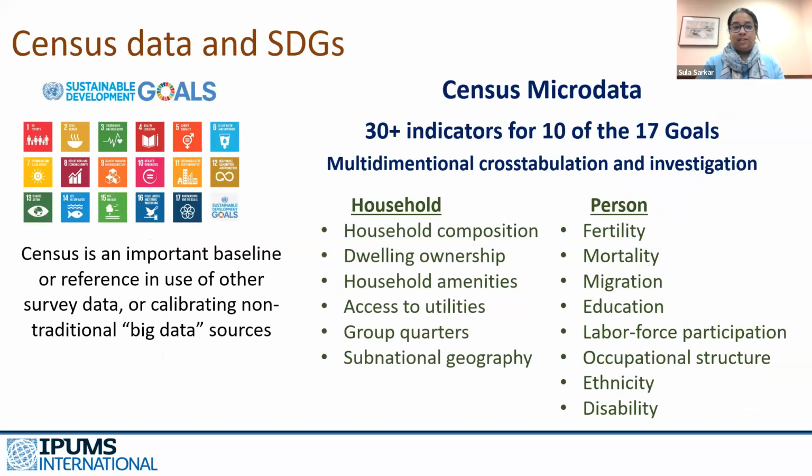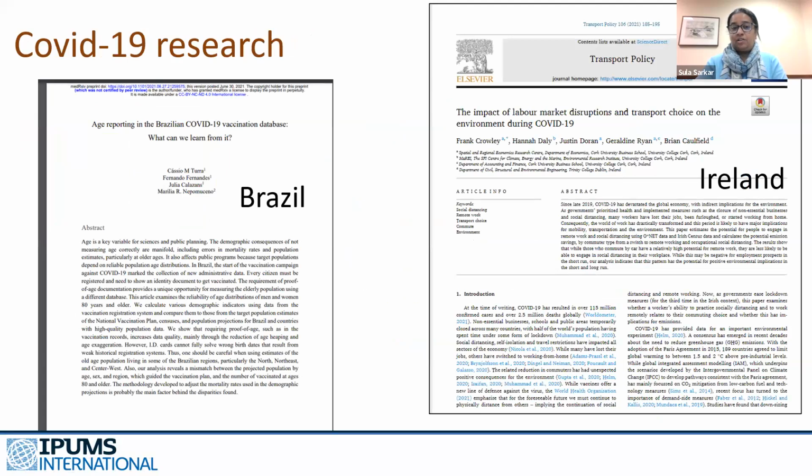Besides all of these, you can do the sustainable development goals. You can do more than 30 of the indicators, and you can do 10 of the 17 goals from the census data. During COVID-19, research was done using the census data, rather IPUMS International data.